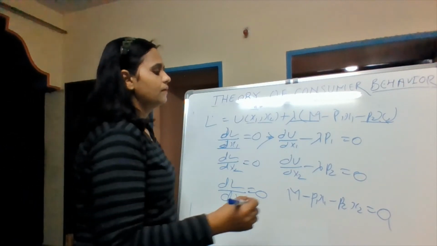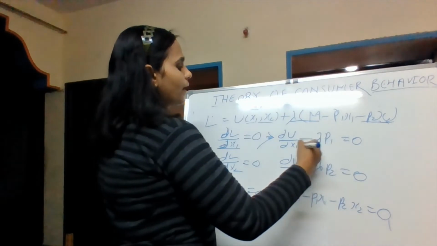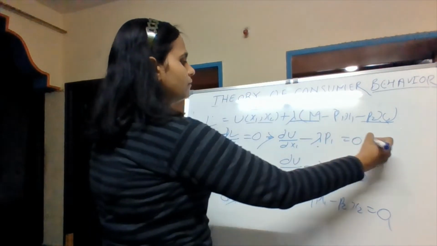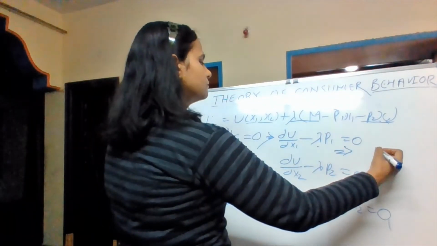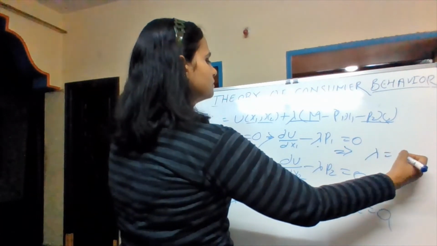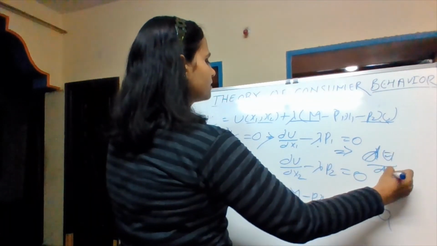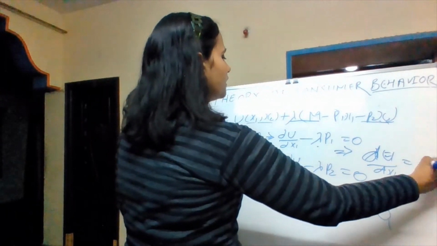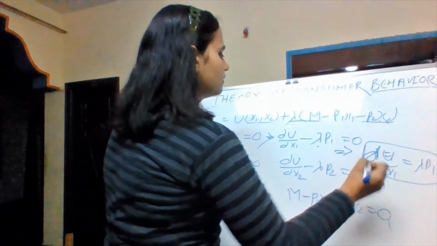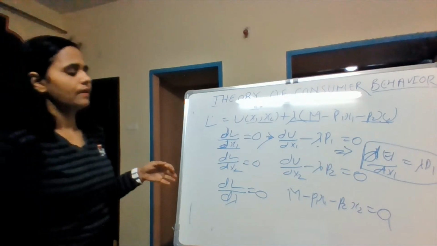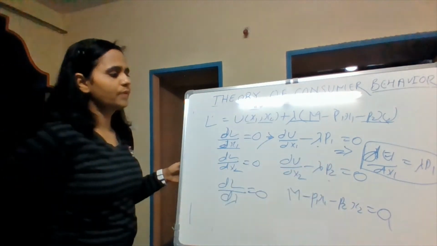Okay. Now by equation 1, your du by dx1 becomes lambda p1. And du by dx2 becomes lambda p2.